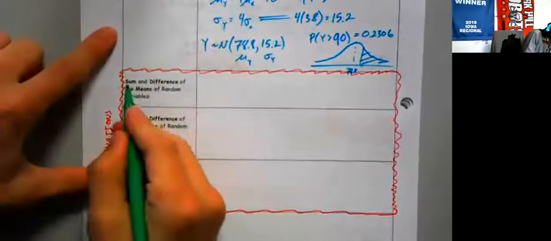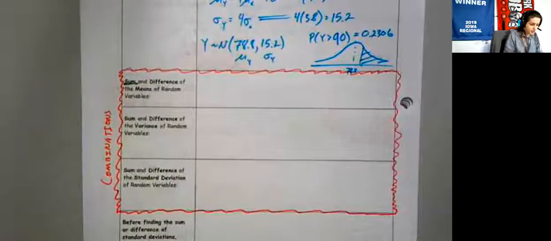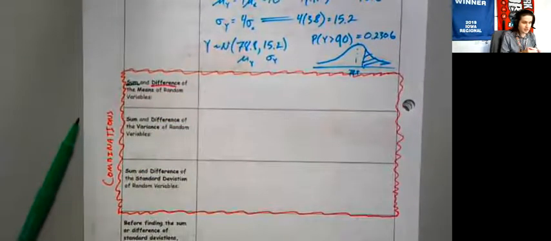The sum and difference for the means of random variables. I'm going to use a couple colors here. I'm going to use green for sum, and I'm going to use magenta for difference here. And hopefully this will be clear enough.